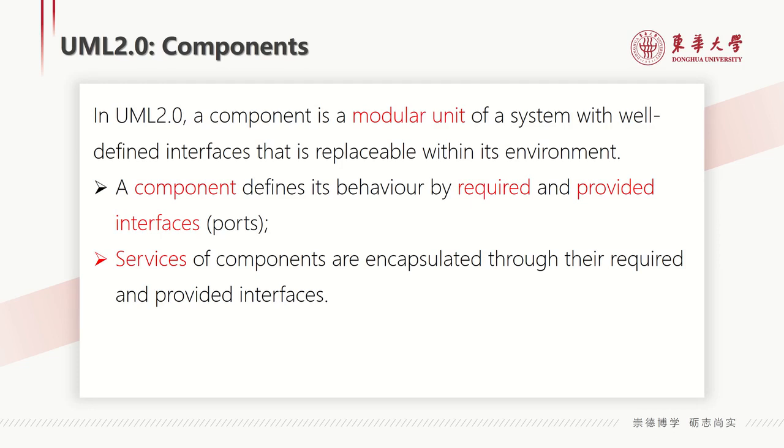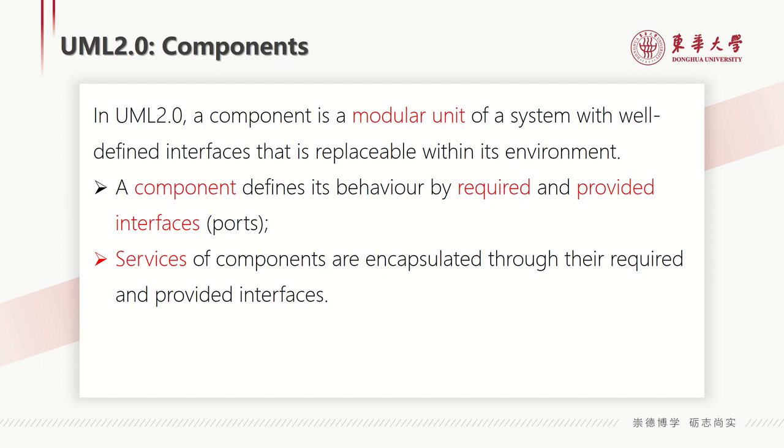Now I show you another language belonging to category 1, which is UML 2.0. Maybe you are familiar with this one a lot better than Acme. In UML 2.0, a component is a modular unit of a system with well-defined interfaces that is replaceable within its environment.